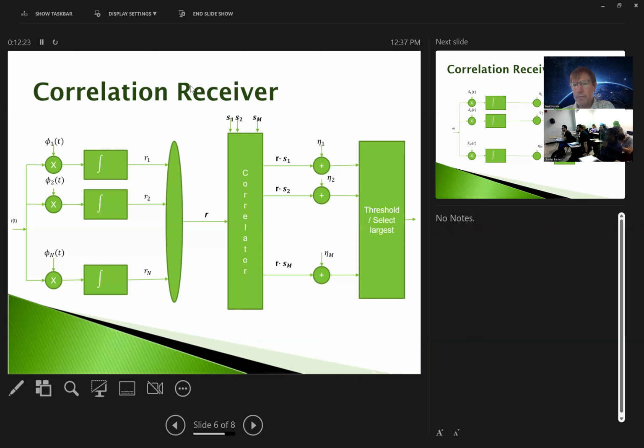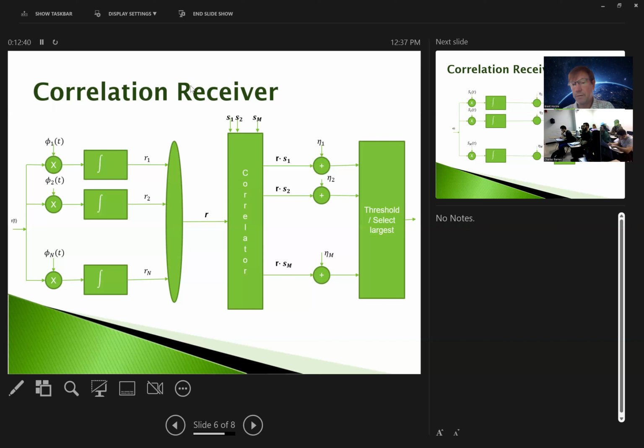That's what we're doing here. It may seem complex, but that's because ultimately we have to do all the math. So R1 is the coefficient of that first basis function.